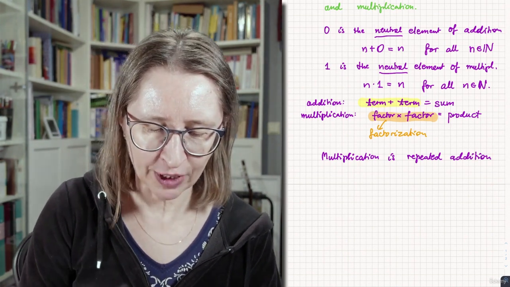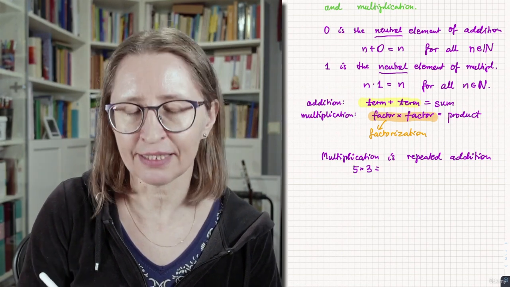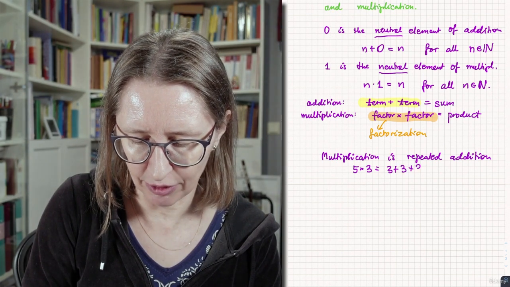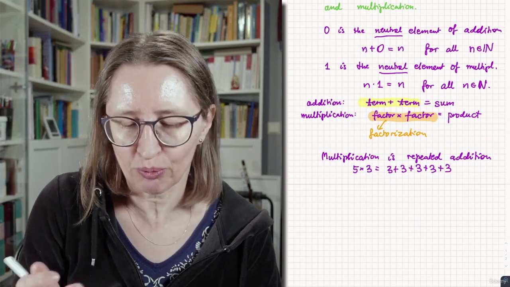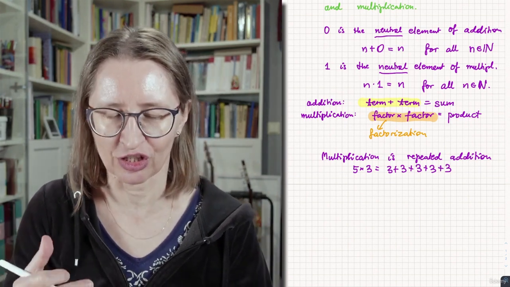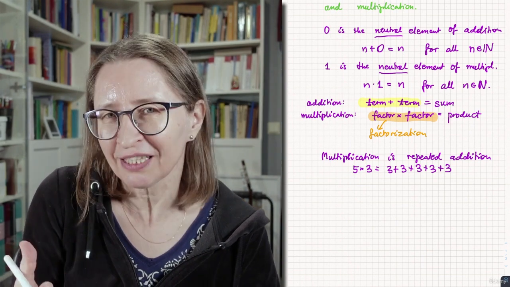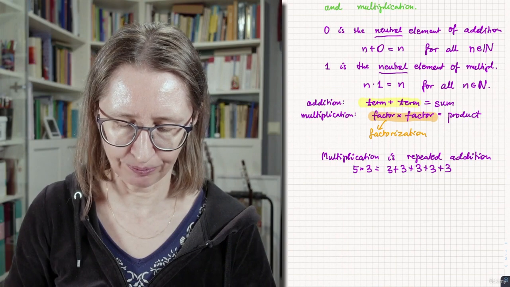So, for example, 5 times 3 is the same as 3 plus 3 plus 3 plus 3 plus 3. If we take 5 times 3, we take 5 threes and we add them together.